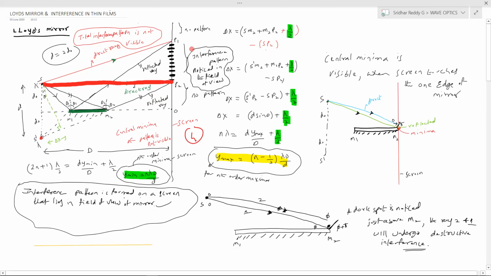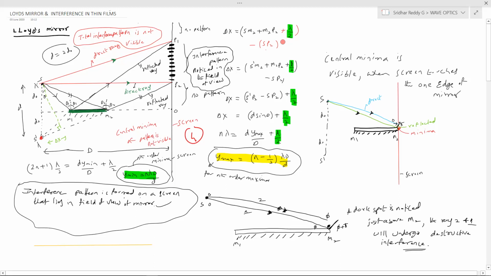So what is the path difference? Okay, now I'm going to write the path difference. This ray will cover a path SM2 plus M2P2 plus lambda by 2. Why plus lambda by 2? Because it is reflected at M2: the ray gets reflected by a mirror and undergoes a phase change of pi radian. Due to pi radian, it gains an additional lambda by 2.